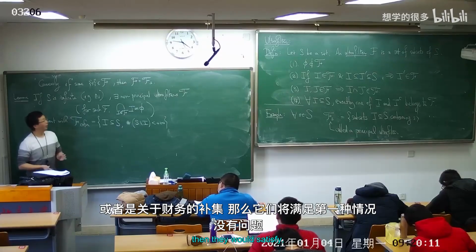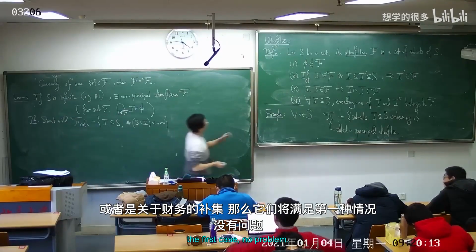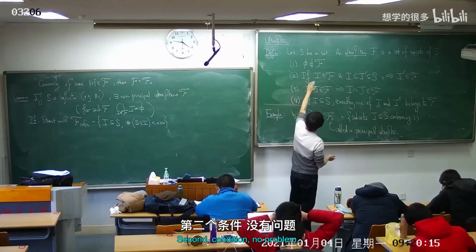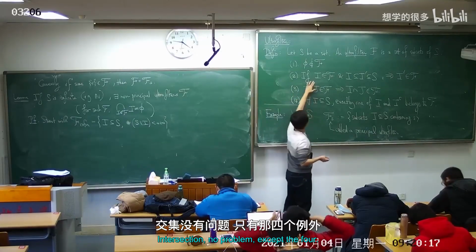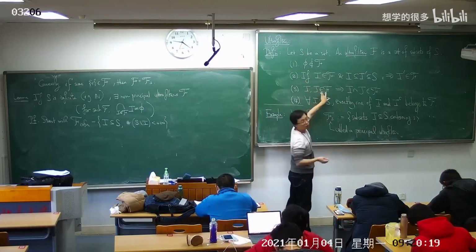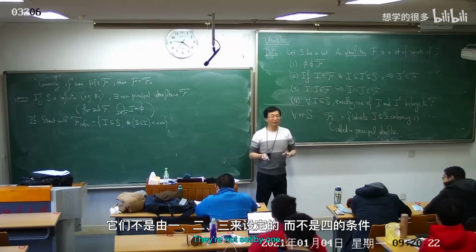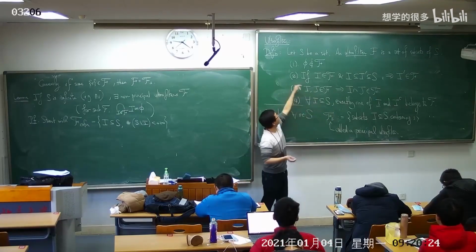Then they satisfy the first condition, no problem. Second condition, no problem. Intersection, no problem, except for 4. So they satisfy 1, 2, 3, but not 4.